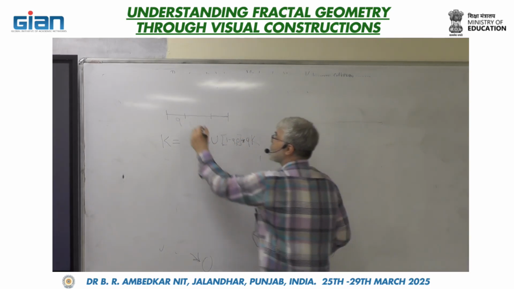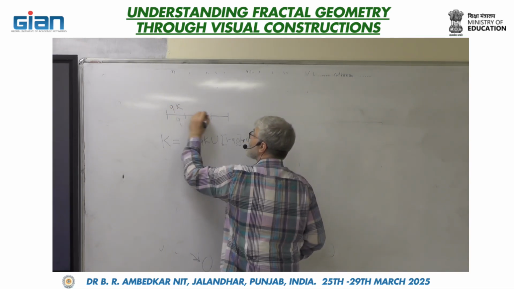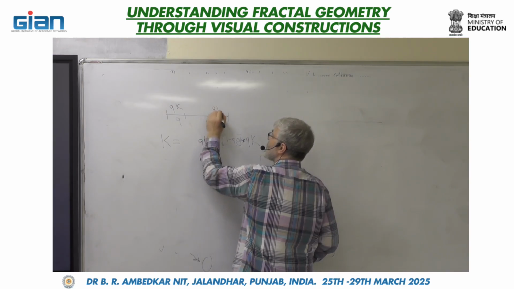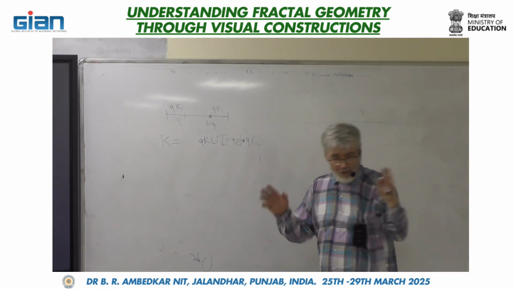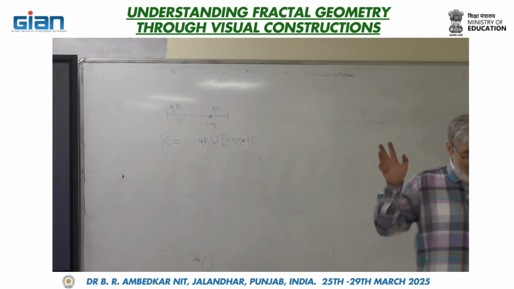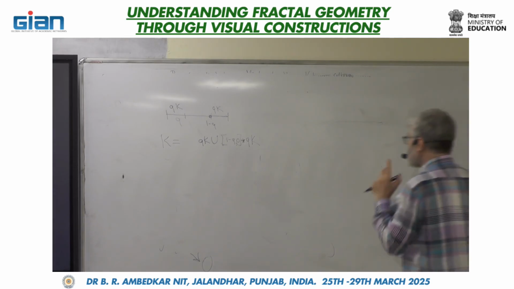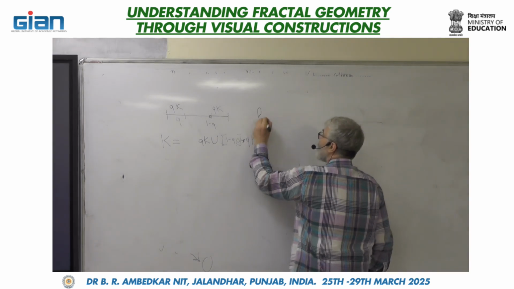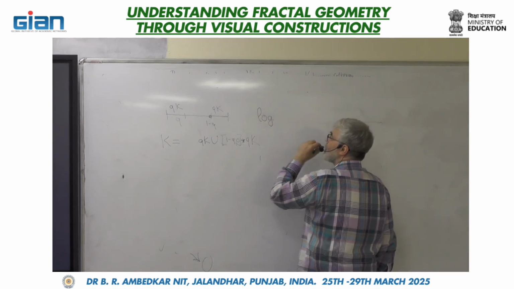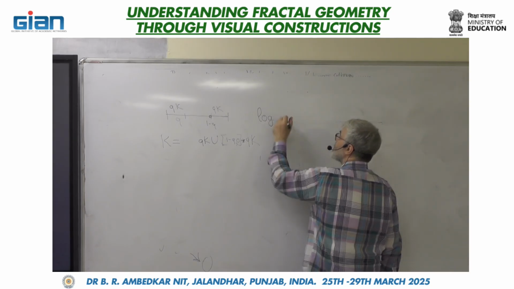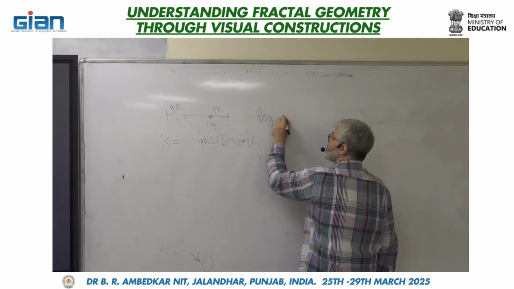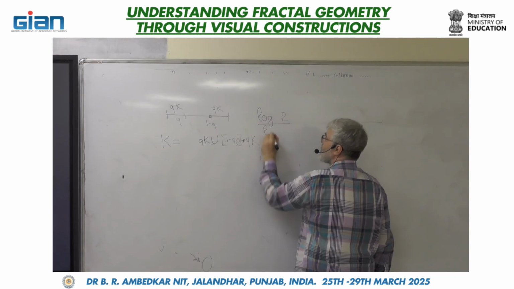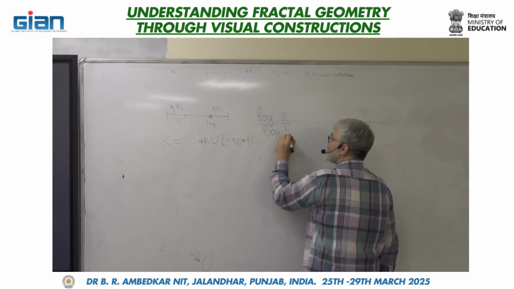So this is qK, and this is 1 minus q plus qK, so it will create a Cantor set. This Cantor set has dimension logarithm of 2 divided by logarithm of 1 divided by q.